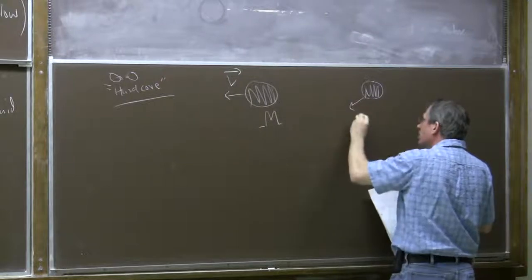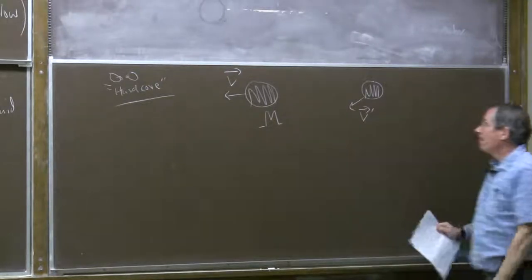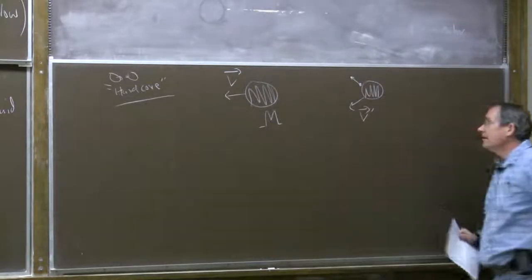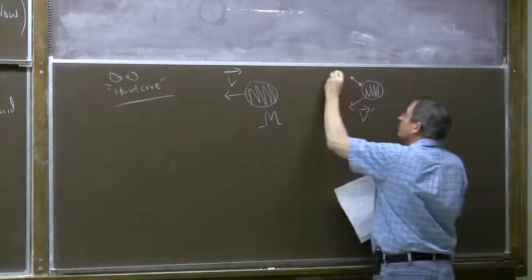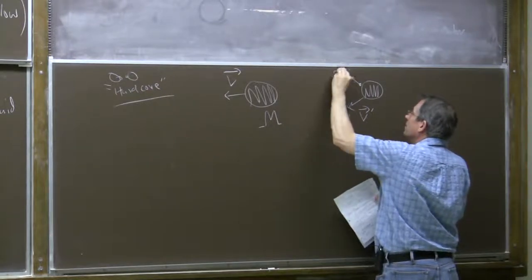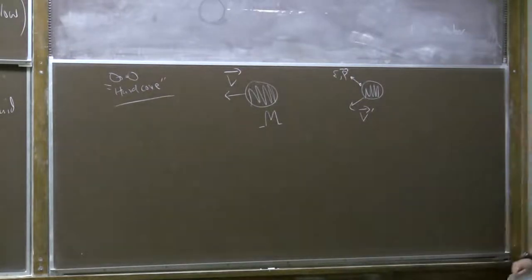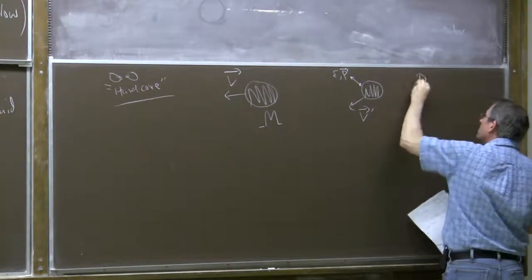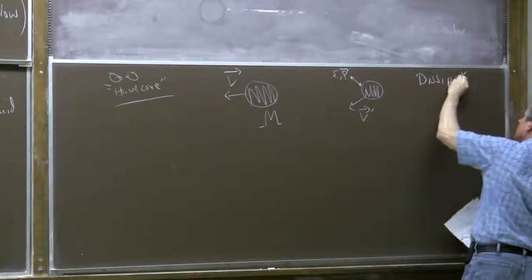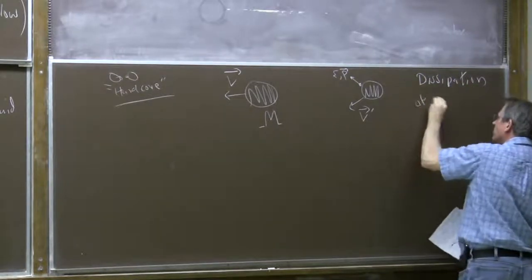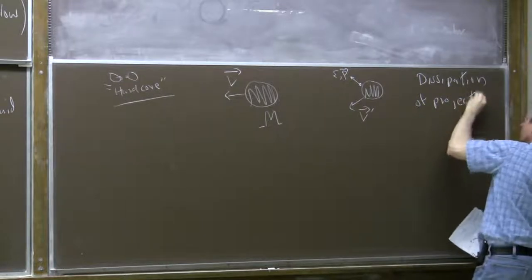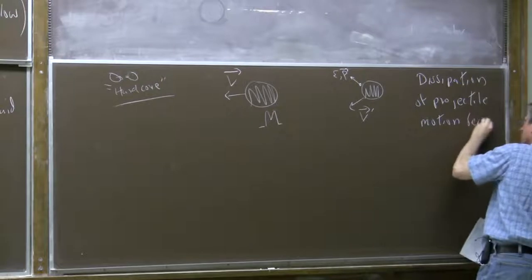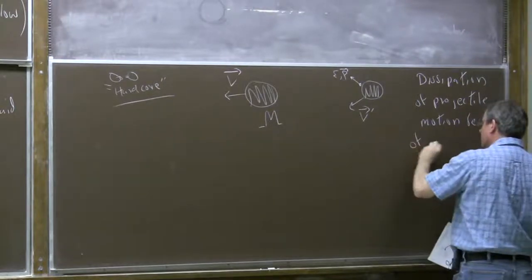So it recoils slightly. It has a modified velocity, and in the process, an atom gets excited with energy E and momentum P. Okay? So there's dissipation of projectile motion because of collisions with atoms.